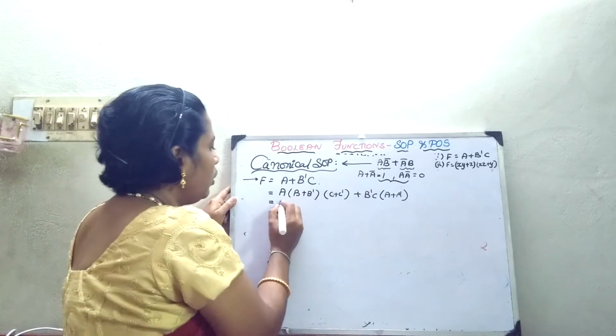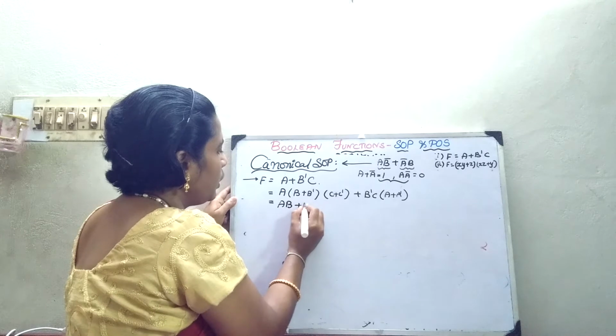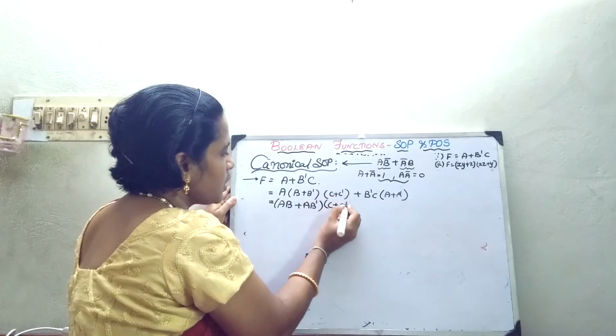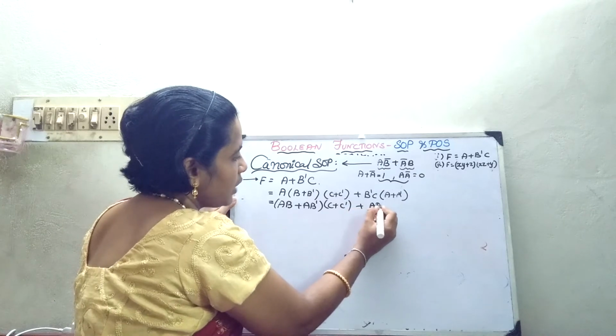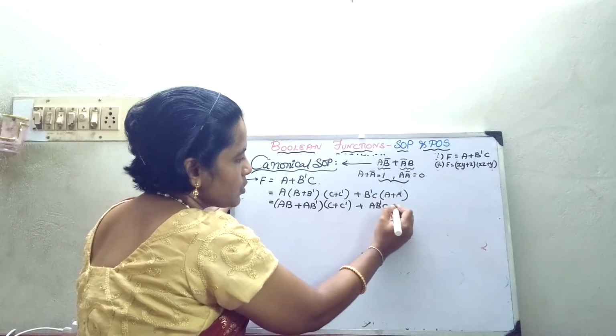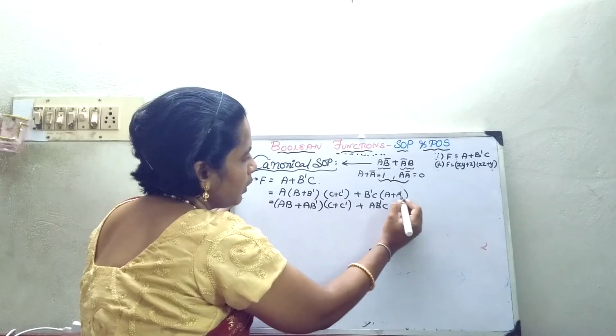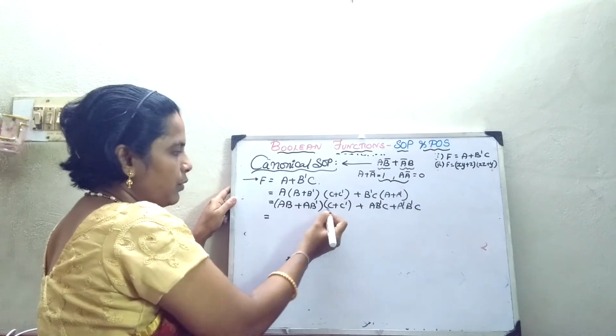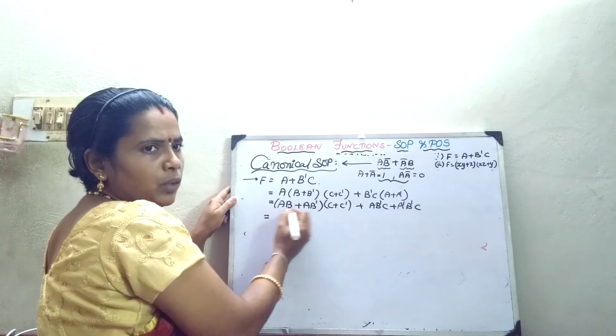Okay. So now you just expand it and write AB plus AB bar into C plus C bar plus, I am just writing the literals in the order, that's all, A bar B bar C. In the next case, just multiply this term with here. First C with these two terms, then C bar with these two terms.